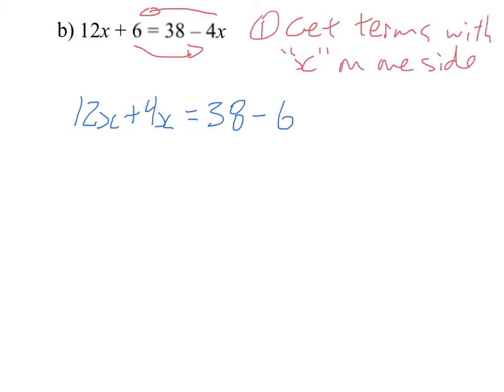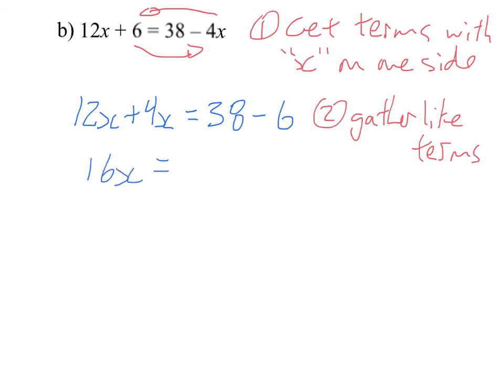Okay, so the next step is to gather like terms. So now we're going to get 12x and 4x is 16x is equal to, and 38 take away 6 is going to give us 32.